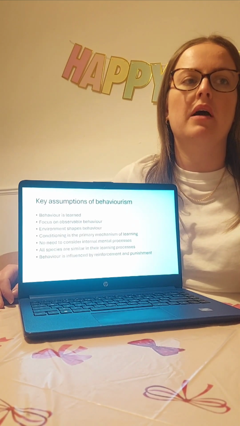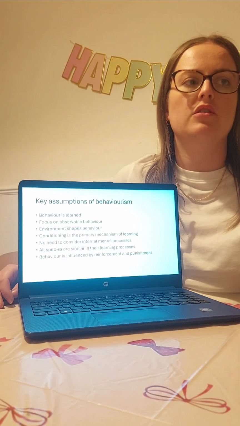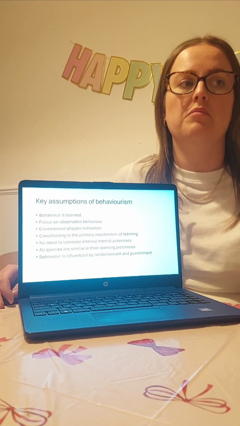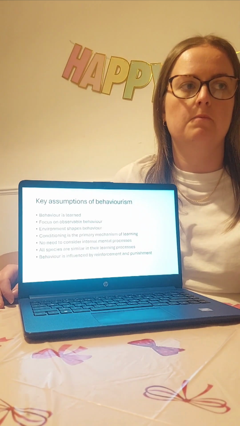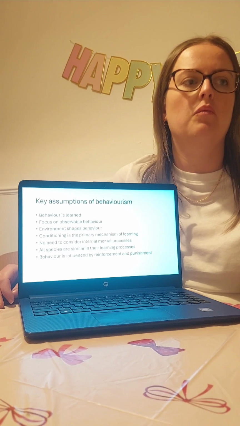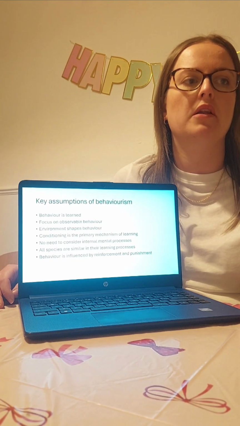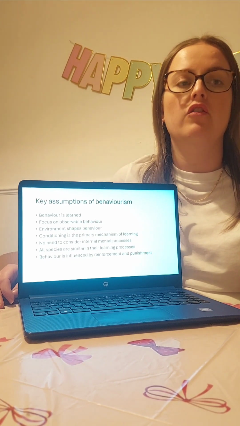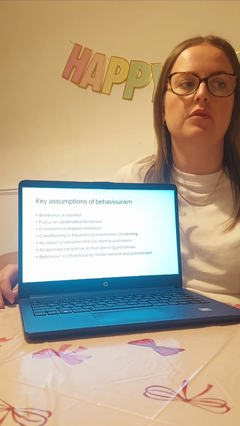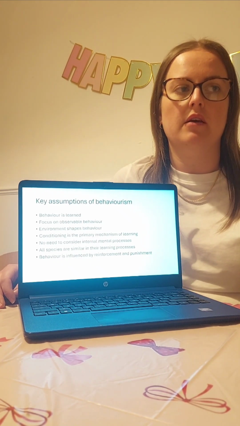For example, in Pavlov's experiment, dogs learned to associate the sound of a bell with food, so began to salivate at the sound of the bell without food even being present. Operant conditioning, or instrumental learning, where behaviours are shaped by reward or punishment following a behaviour. For example, in Skinner's experiment, rats learned to press a lever to get food, as they were rewarded for doing so.